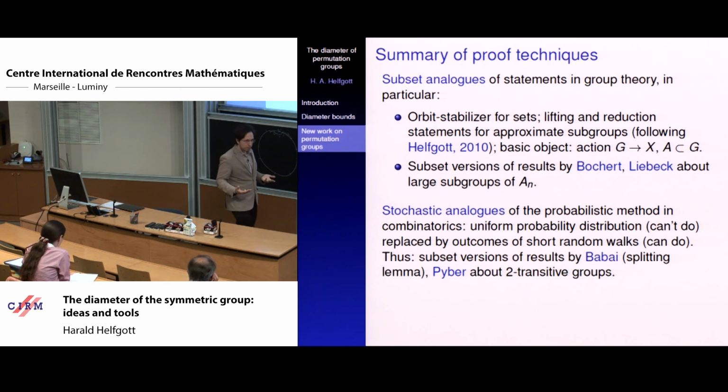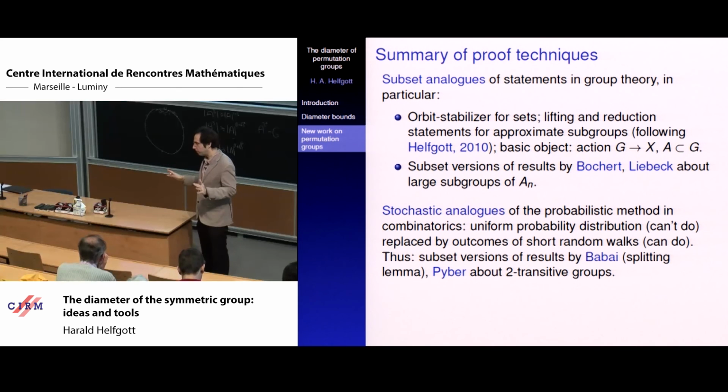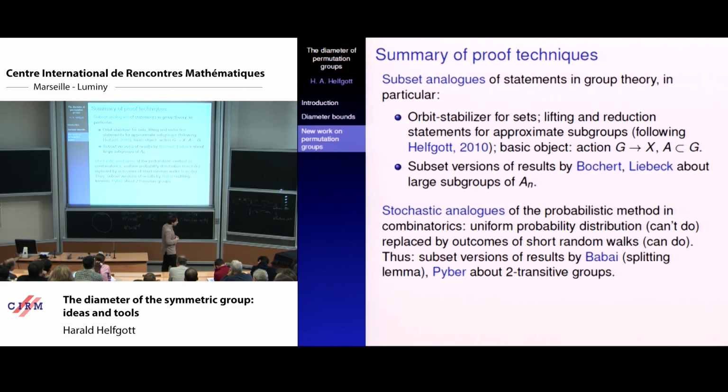Well, in the symmetric group, you don't have that. You have something much less structured in some ways. At the same time, you do have an action on a set. It's just a set, it doesn't have structure, it's just a raw set, but it's a set that is much, much smaller than the group itself. If your group is, say, the symmetric group or the alternating group, that is really at the heart of everything.